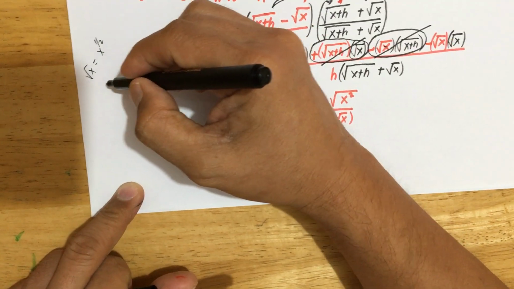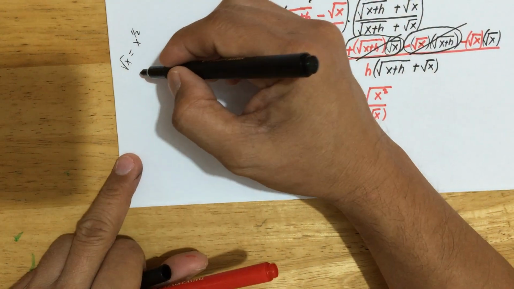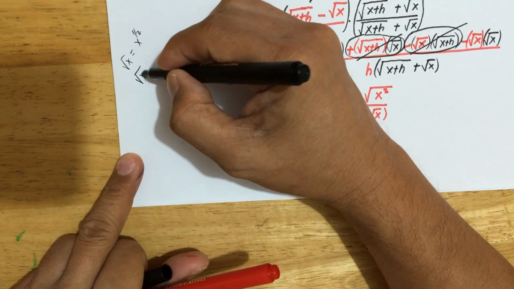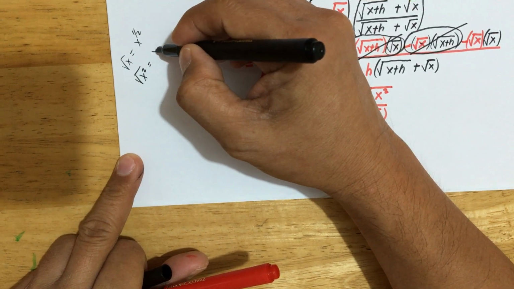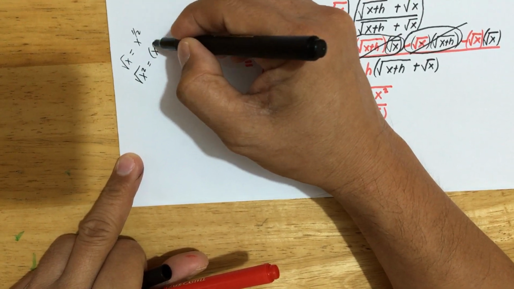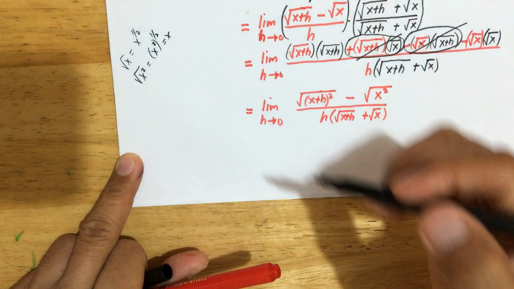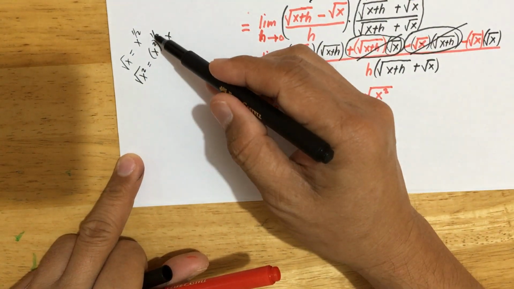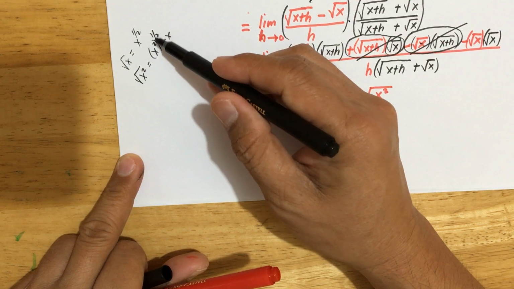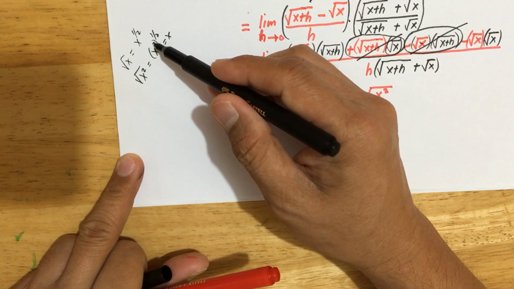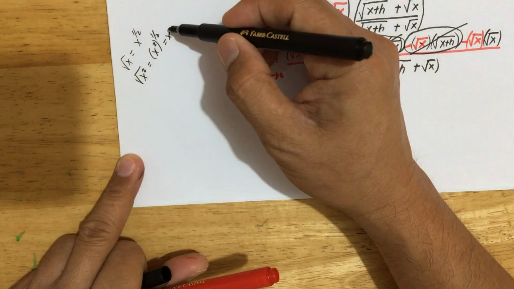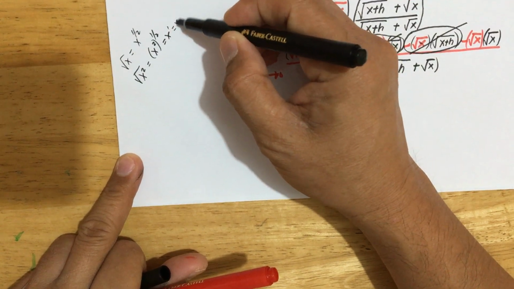Therefore, since you have the square root of x squared, this is the same as x squared raised to the power 1/2. So this is just equal to x, right? Because the index is 2 and the exponent is 2, so 2 times 1/2 is equal to 1. So we understand x.